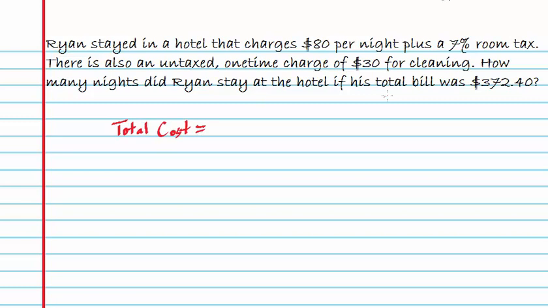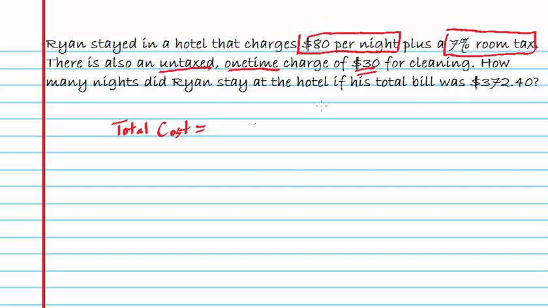All right, so in this problem, we have a few really important pieces of information. It's $80 per night. There's a 7% room tax rate, and there is an untaxed one-time charge of $30 for cleaning. So I'll come back to the last sentence, but first let's set up just a general equation.